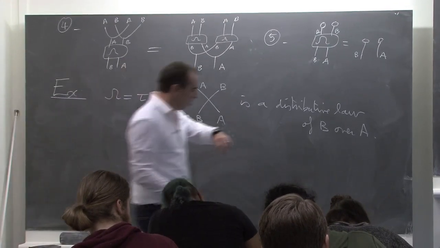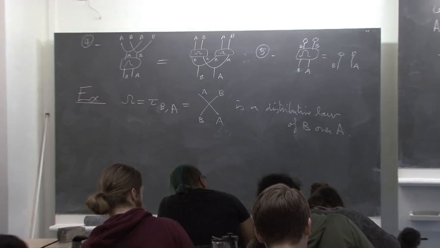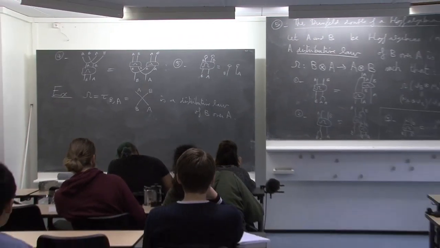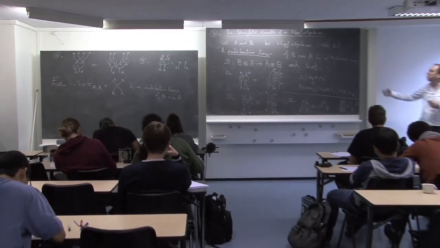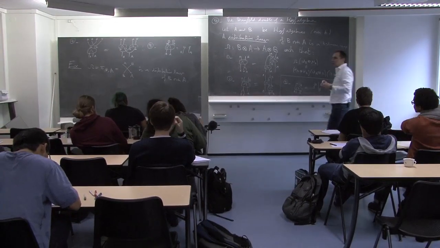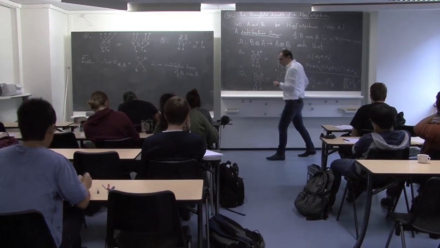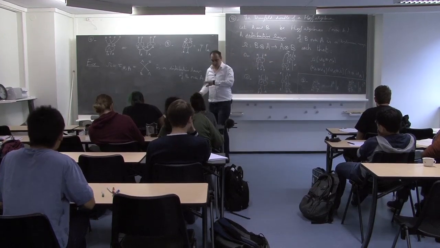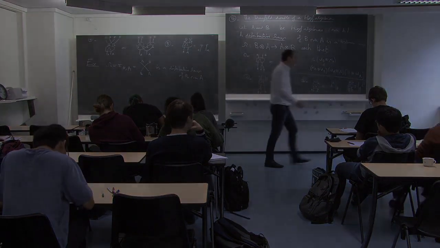Okay. So maybe we make the break, and after the break I will explain that such a distributive law produces Hopf algebras, a new Hopf algebra. Okay, maybe we make the break.